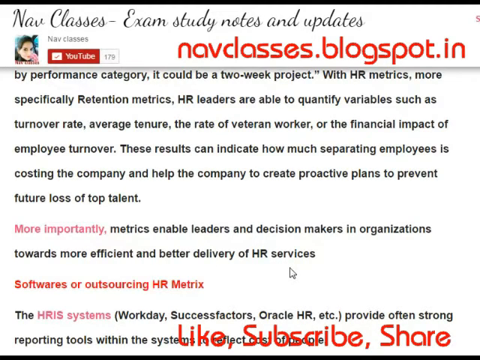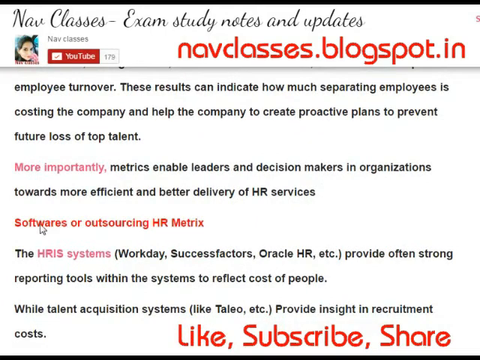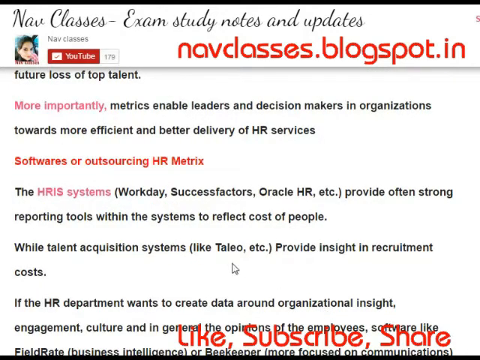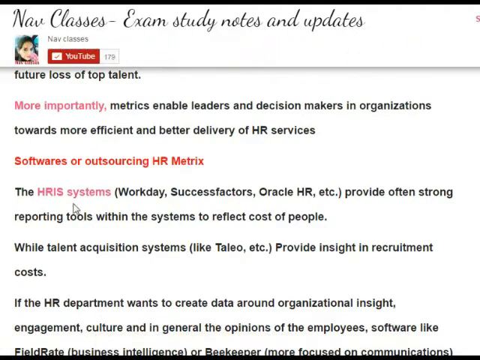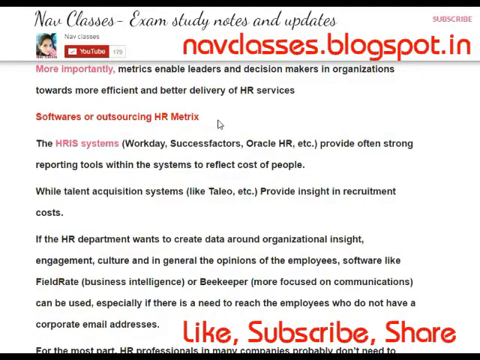Most importantly, metrics enable leaders and decision makers in the organization toward more efficient and better delivery of HR services. There are certain software products available in the market, and organizations can take them into consideration so that they will be able to get all data quantifiably and easily. And there are also certain outsourcing organizations to whom we can outsource our HR metrics.